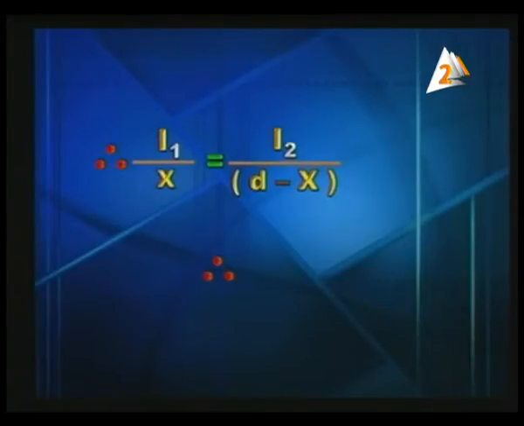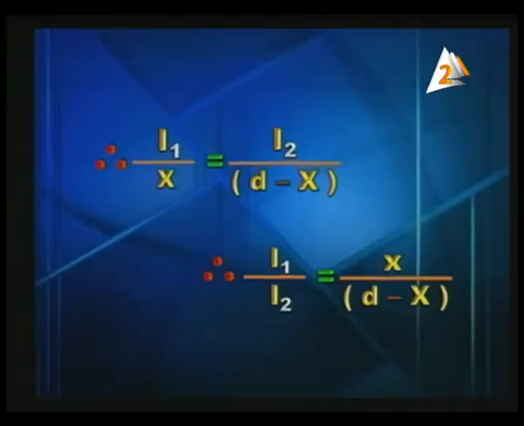Rearrangement, we can say I1 over I2 is equal to x over d minus x. This, when we've got a neutral point somewhere in between the two wires, is the expression, the relation that should be used to locate the position of the neutral point: I1 over I2 equals x over d minus x.